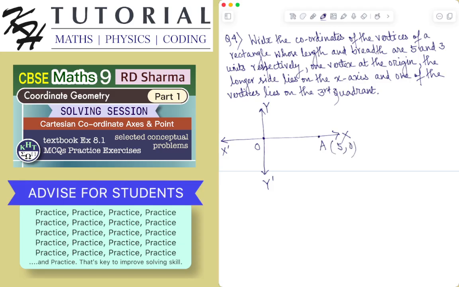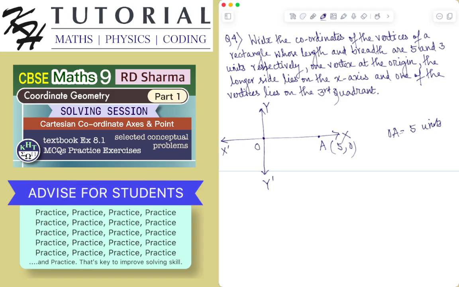Since point A is lying on the x-axis, and OA, one of the longer sides, should be equal to 5 units because the length of the rectangle is given to be 5 units. So if OA is 5 units, then definitely the point A is at a distance of 5 units from the origin O.